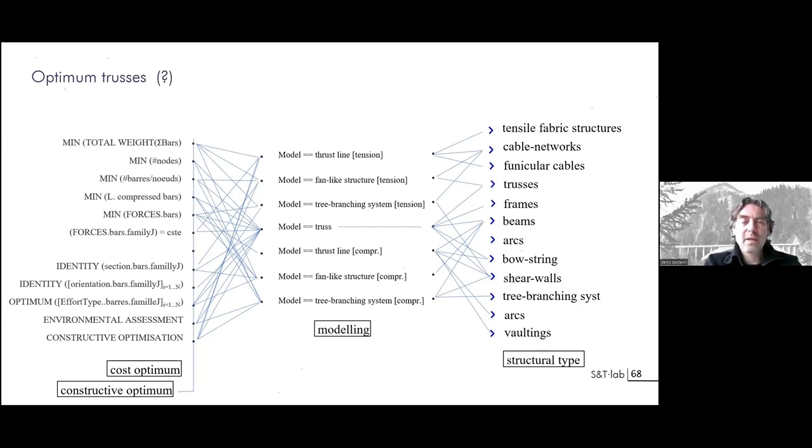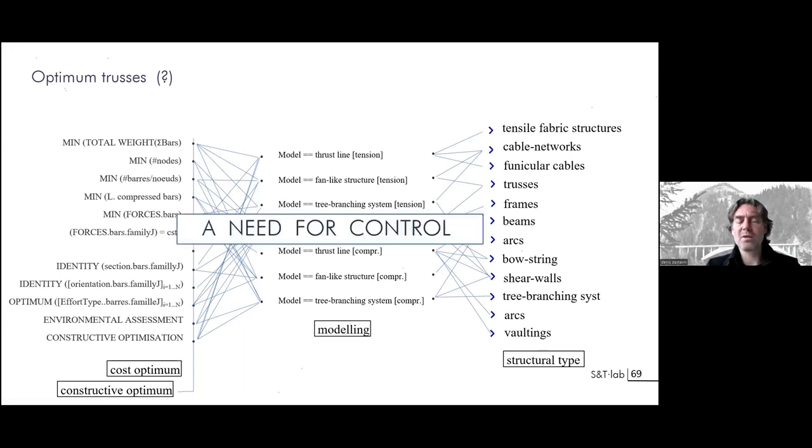So this series of optimal approaches has to interact with the question of the modeling in the middle, and at the end with the question of the structural type, which is not just an image of the modeling. So it makes the problem of optimum very complex, and what you need is control for all this.